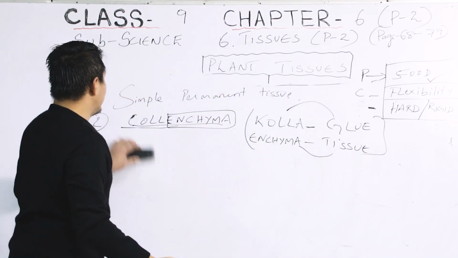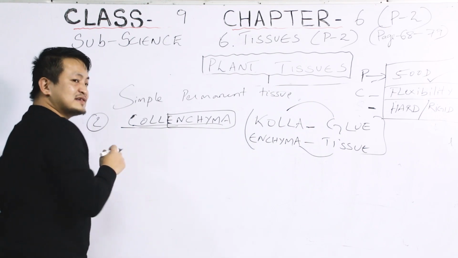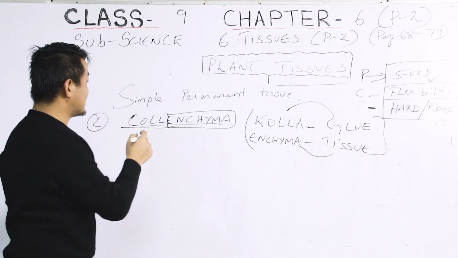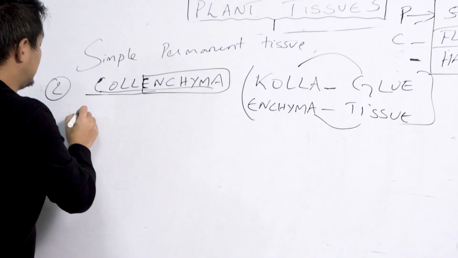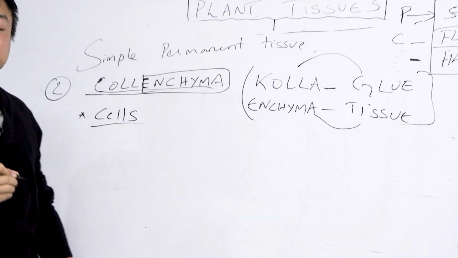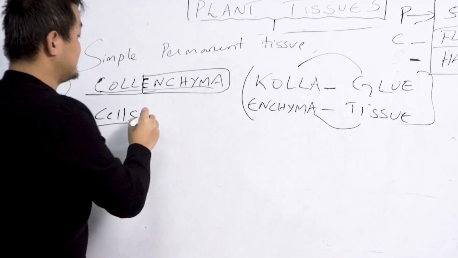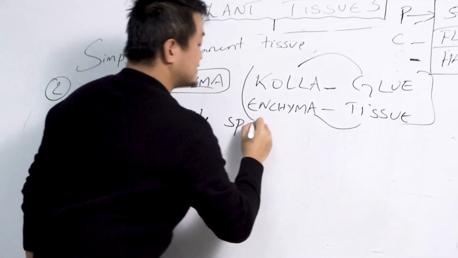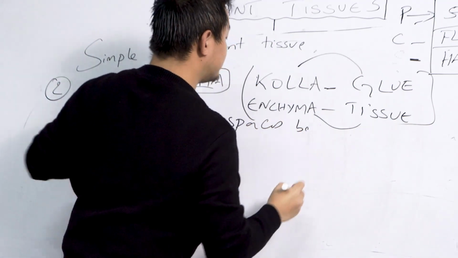Now, let's discuss how the cells look here. The intercellular cells here have little spaces between them.